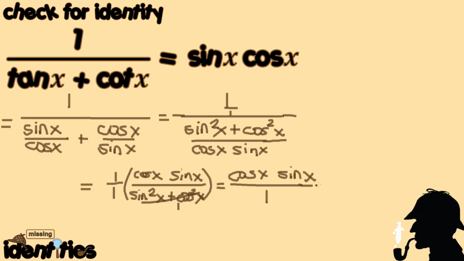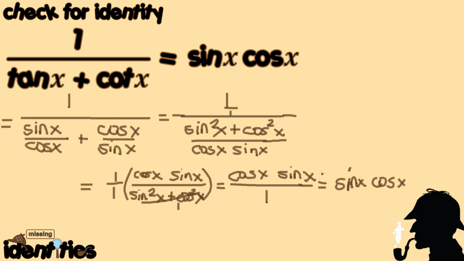The final form for this step is just to arrange this because they are under multiplication. Multiplication is commutative. So we can simply rearrange that so that we could arrive at our goal. So we have here sine x times cosine x.